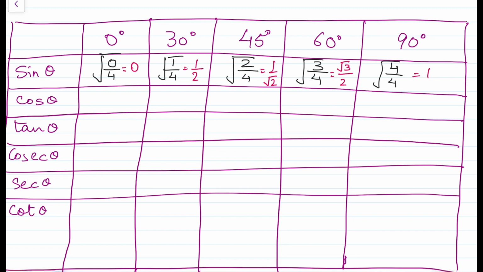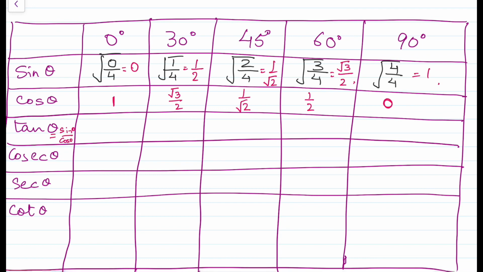All right. Now for the cos function, you write it from the back, right? So 1 comes first, then root 3 over 2 comes next, then 1 over root 2, then comes half, and then comes 0. All right, pretty easy. Now with the tan, we know that tan is equal to sine theta over cos theta.